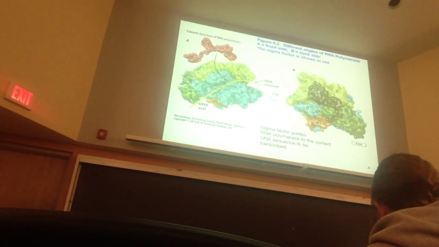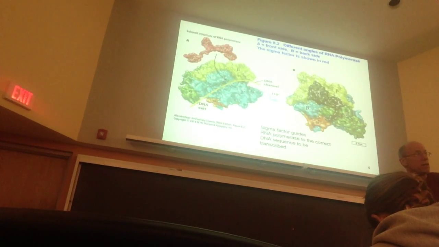Not just to any part of the DNA. Under certain conditions, it is that gene that needs to be transcribed. And so it's the sigma factors that say, under anaerobic conditions, we have to synthesize this enzyme to allow us to respire in the absence of oxygen, not this enzyme.